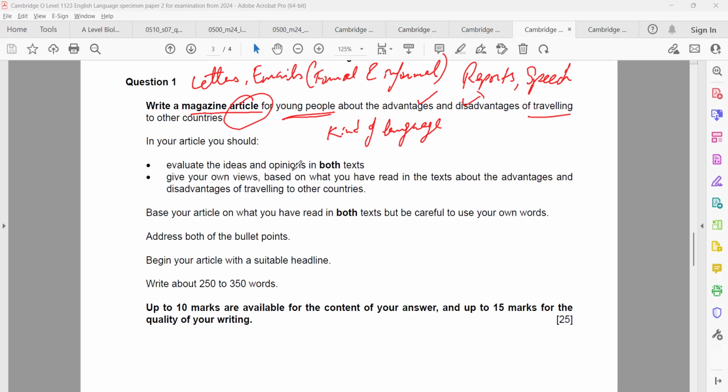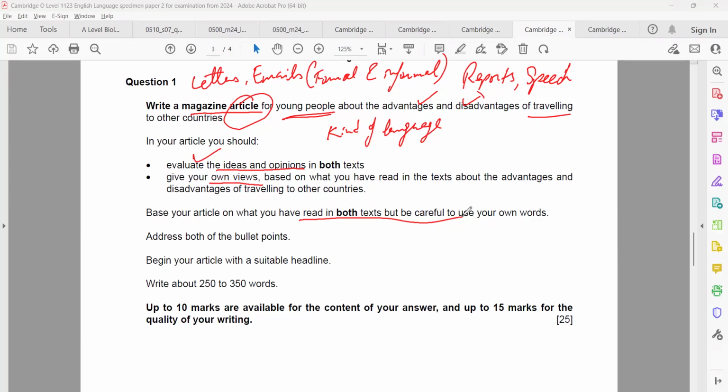You're supposed to read both texts and use the content from there. What they mean by evaluate, we'll look into that. You're also supposed to give your own views, so it's not everything just based on the text. You're supposed to add something of your own as well.